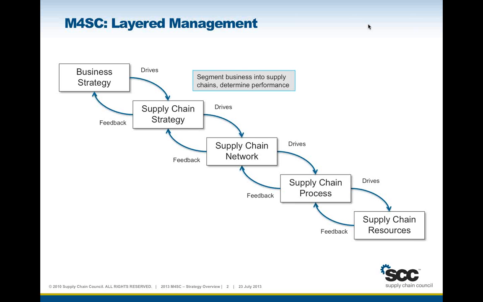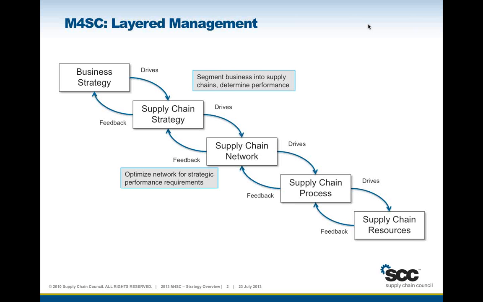The first box talks about how you align your supply chain strategy to your business strategy, i.e., how do I translate what my supply chain goals and objectives are if I have a specific business strategy with regards to internal and external objectives. So supply chain strategy and M4SC strategy basically looks at how do I align my supply chain strategy to my business strategy.